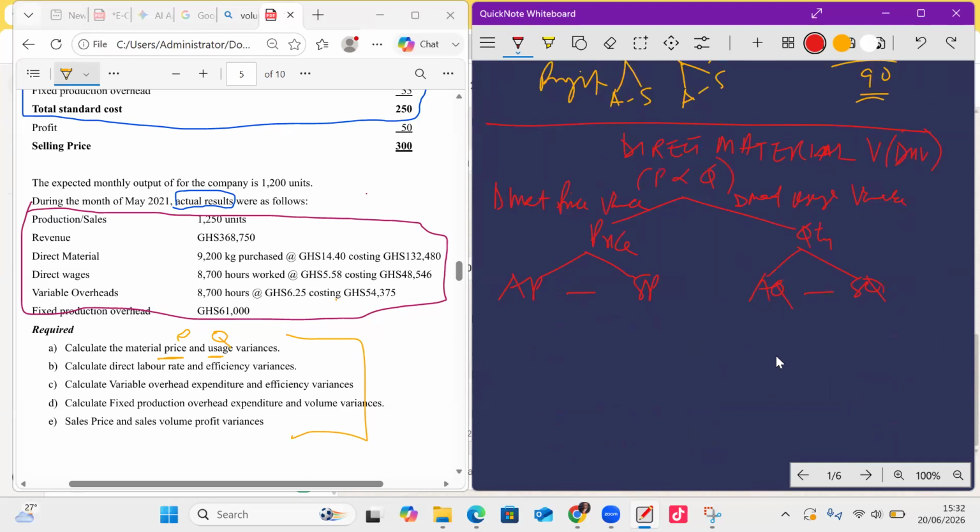Then I'll place the actual price differences in the brackets. Then I'll multiply by what is here. Have you seen it? So I'll multiply by what is there.